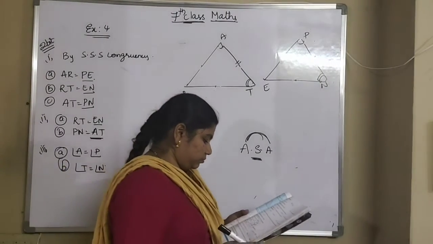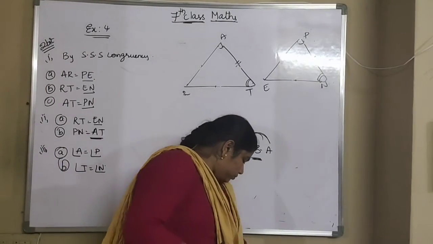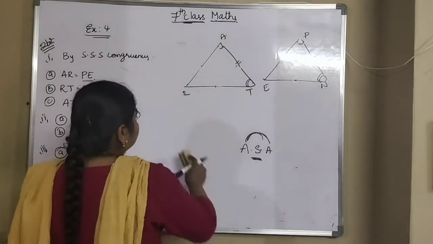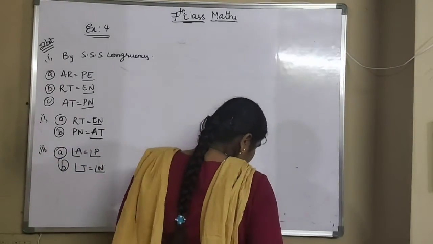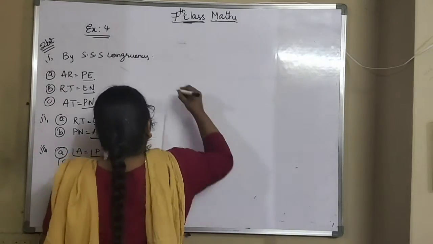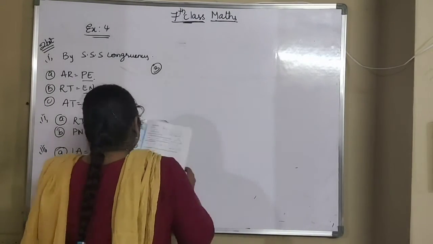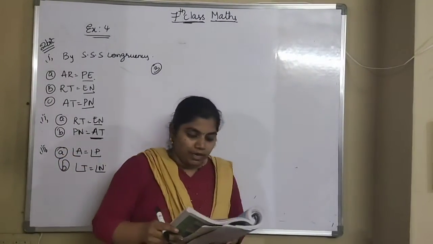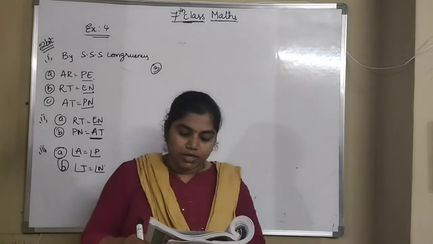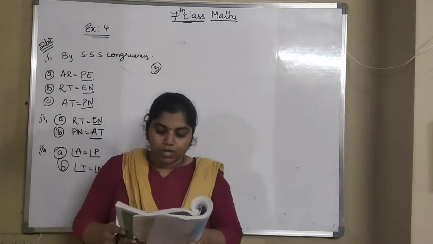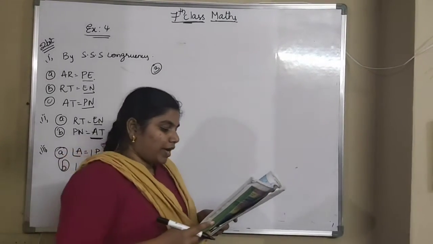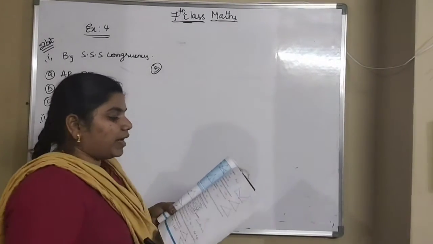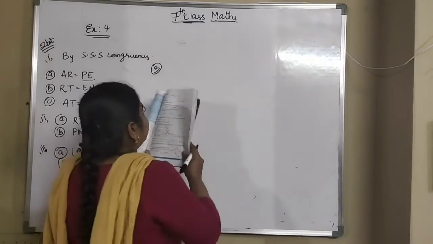Next is the third bit. You have to show that triangle AMP is congruent to triangle AMQ, and they have given the steps. You have to write the reasons why they are writing those steps. We have to write the reason here.